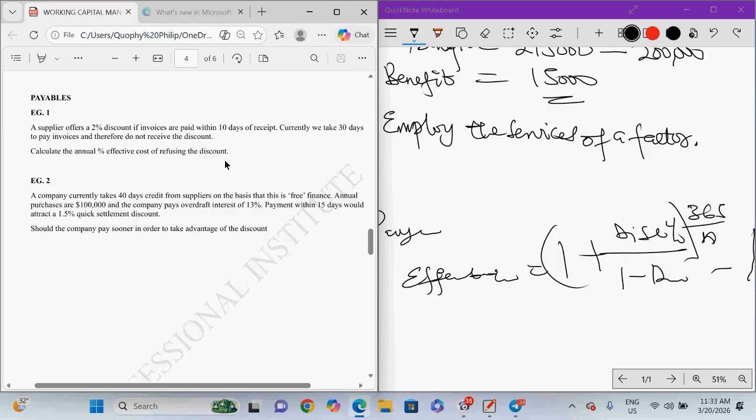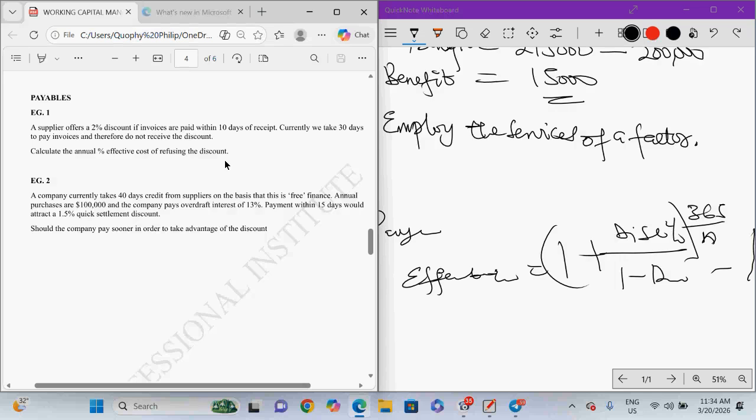It's like the receivable question we solved, example 1. It's the same thing. So please go and try that under receivables, you do the two of them. You can send me your solution when you are done. Under payables, it's the same thing.